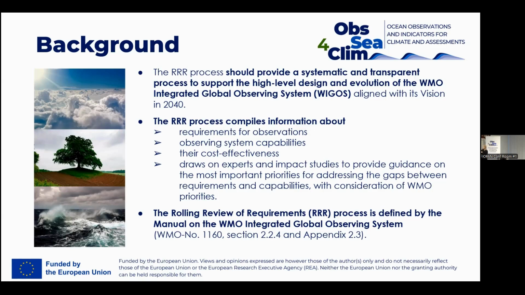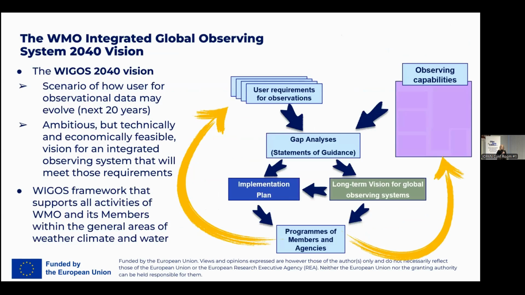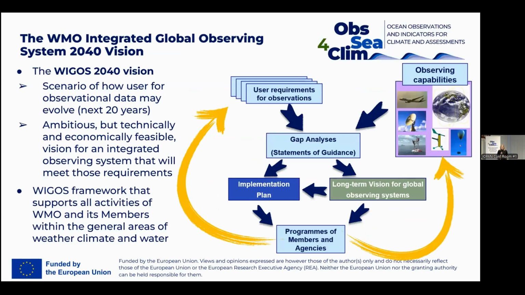So the RRR process is defined by the manual of the WMO Integrated Global Observing System that you can find on the WMO webpage. The integrated global observing system of WMO, with its vision, shows that the users, which can be numerical weather predictions or ocean predictions or fisheries or whatever you can think about, emit a kind of questions about the data they need.